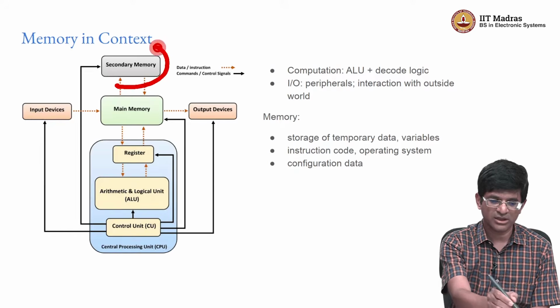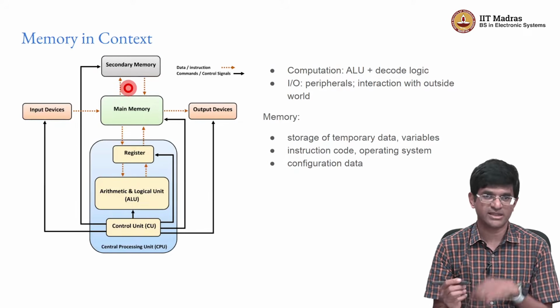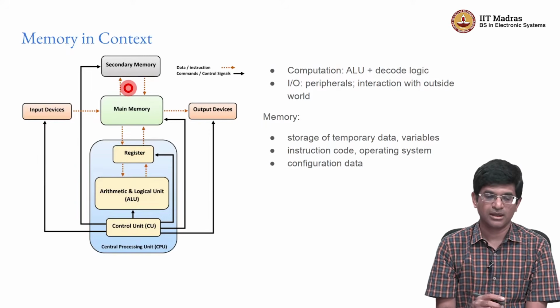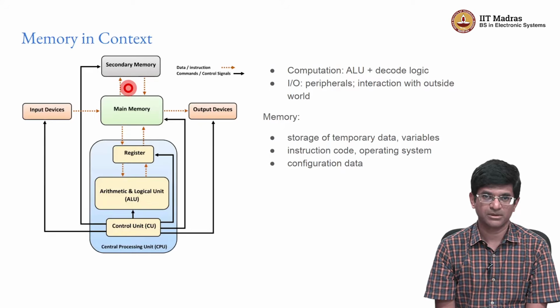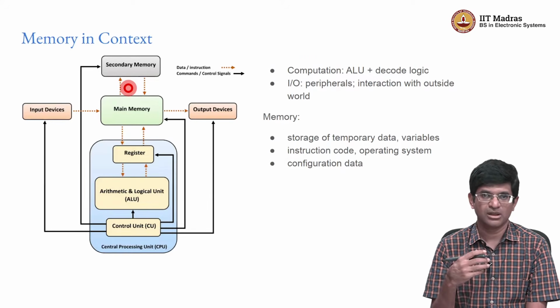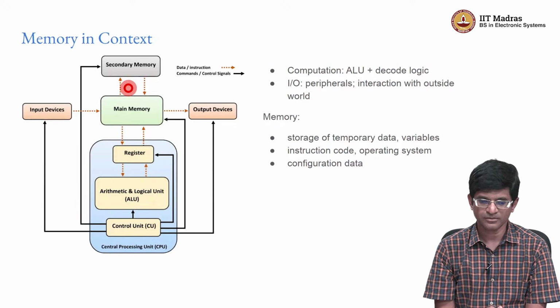There is also something called the secondary memory, which is usually more a long-term storage device, right? Something which has a larger capacity but is possibly slower than the main memory. So we use it in order to store things that we call files or other kinds of data. But the main memory is the working memory of the system, the one where I can actually create variables, modify them, update them, and so on.